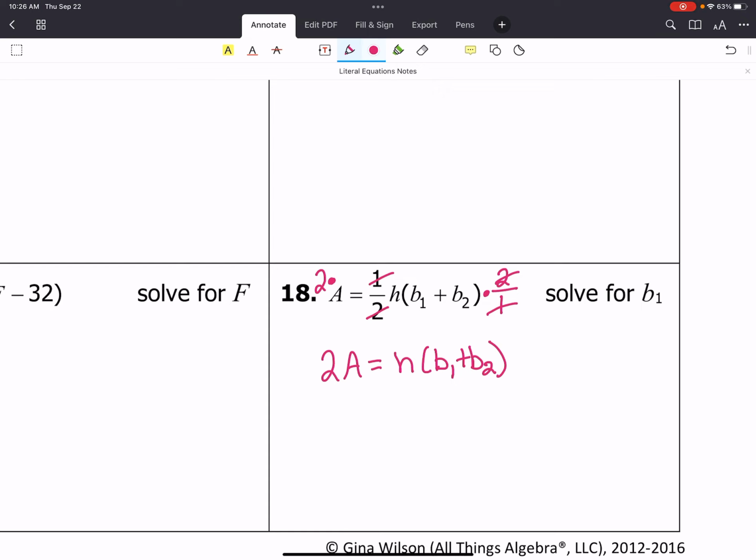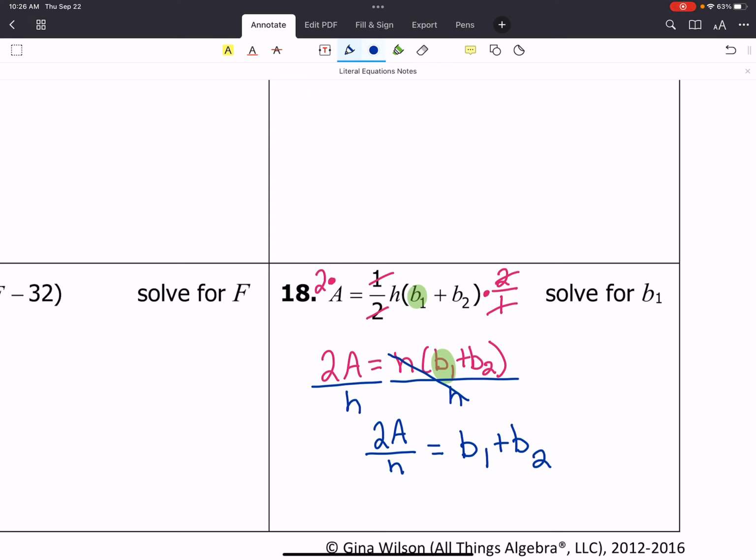All right. Then I'm still trying to solve for b1. So what's the next thing that's happening here? Well, I see multiplication. And normally we would say distribute, but we're working backwards, right? So I see h times what's in the parentheses. So the inverse of multiplication is division. So I'll divide both sides by this h. That leaves me 2a over h equals b sub 1 plus b sub 2.